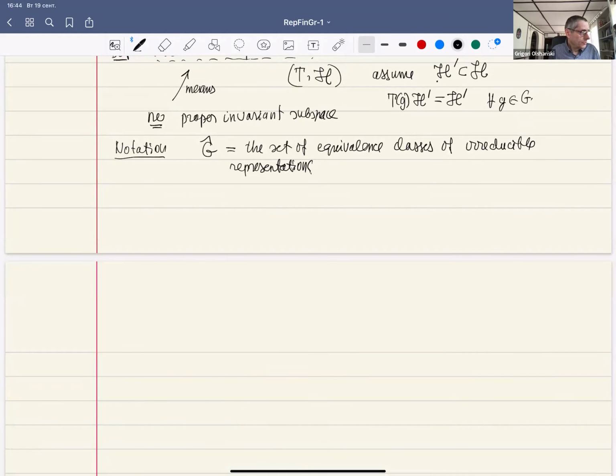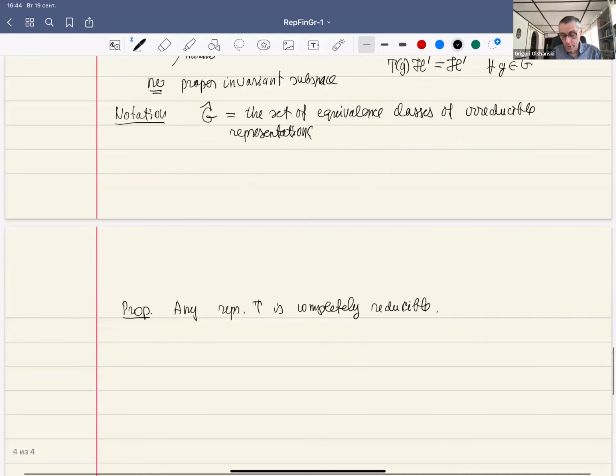And the next claim is as follows. Proposition. Any representation T is completely reducible. What does completely reducible mean? The definition is as follows.